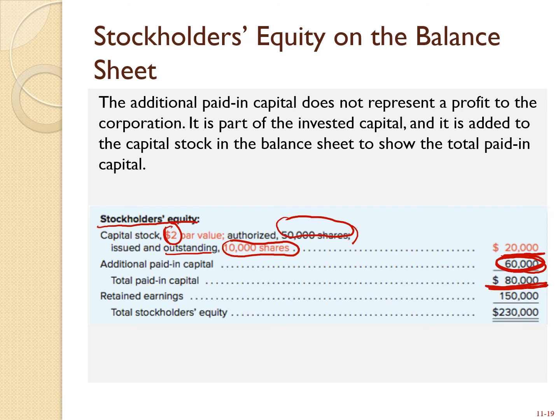Add to that the accumulation of profits over time, which is retained earnings, which is the $150,000, and you get the total stockholders' equity of $230,000. That comprises stock equity and retained earnings.